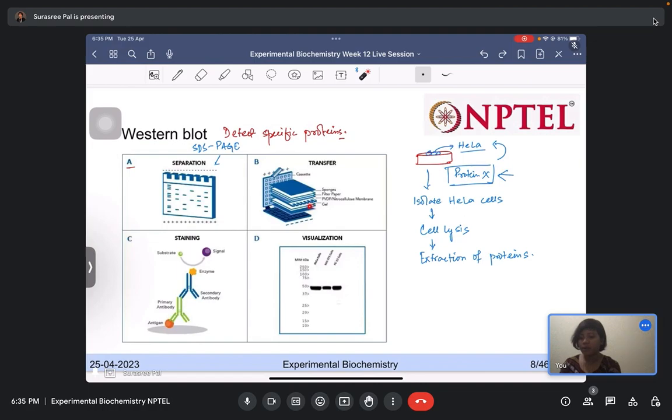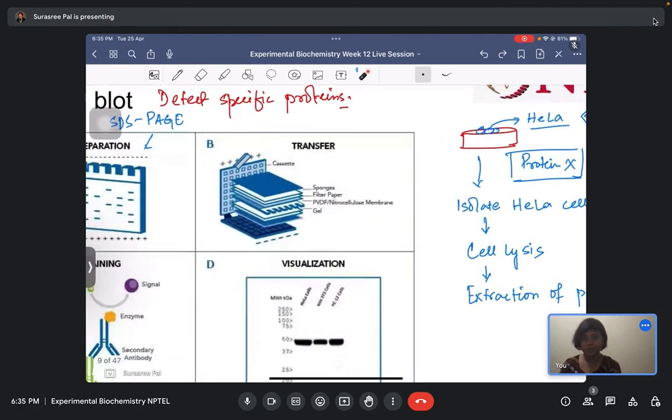So we have kept the gel, and upon that we have kept the PVDF or the nitrocellulose membrane, right, and below the gel and on top of the membrane we have kept some filter papers and some sponges, and we place this particular setup inside a cassette.